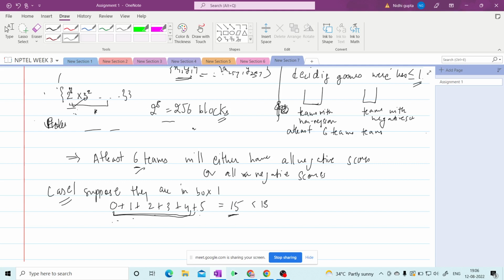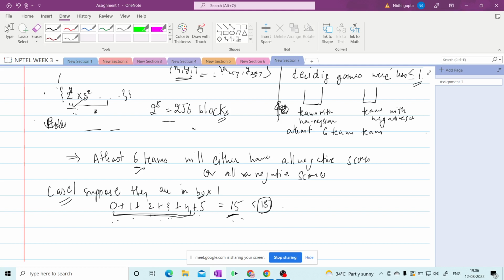So that means at least 15 matches were played where the score was decided. But we have that the score was decided for at most 13 matches. So this is not possible. So if they are in box 1, at least 2 of them have to have the same score. Is this fine?